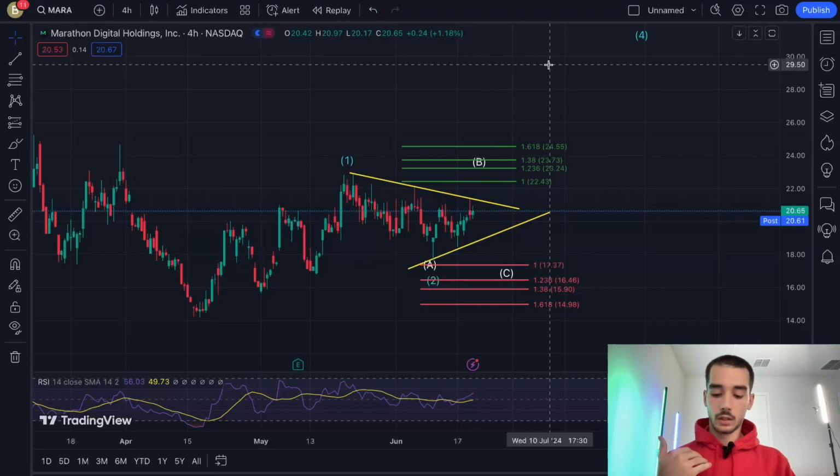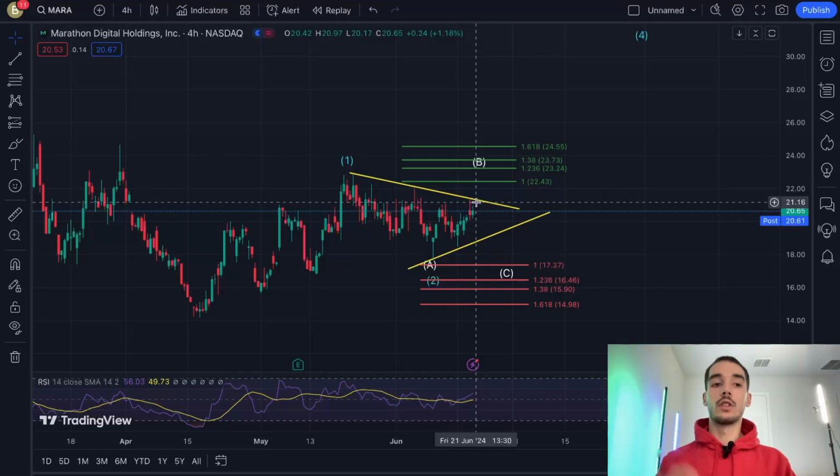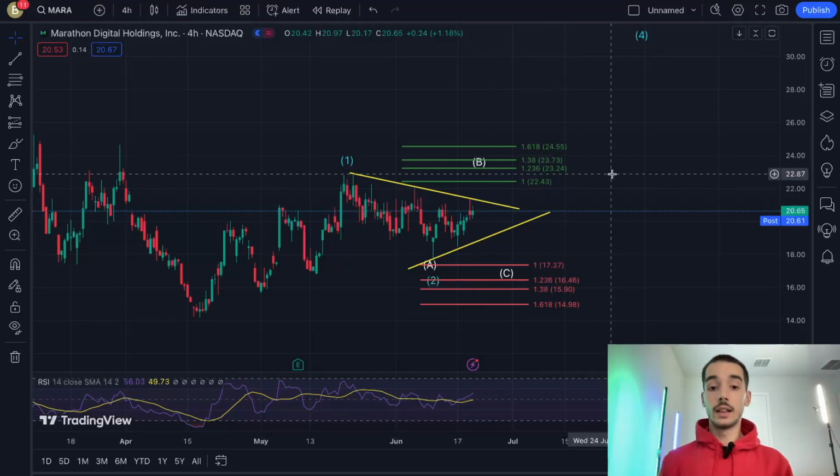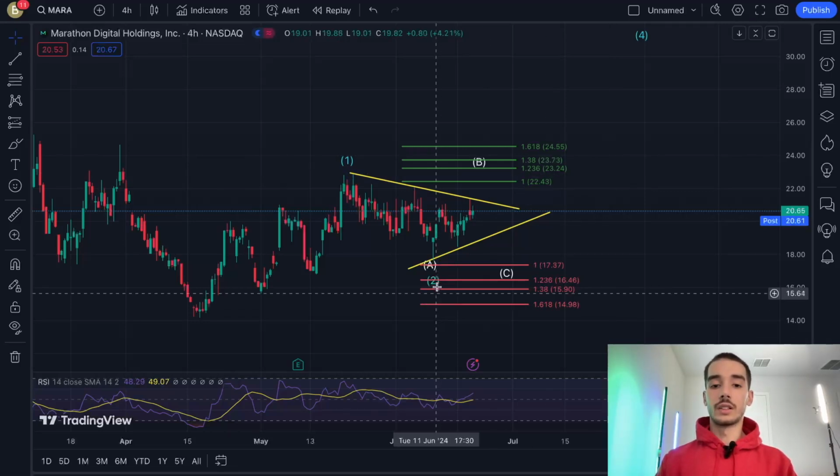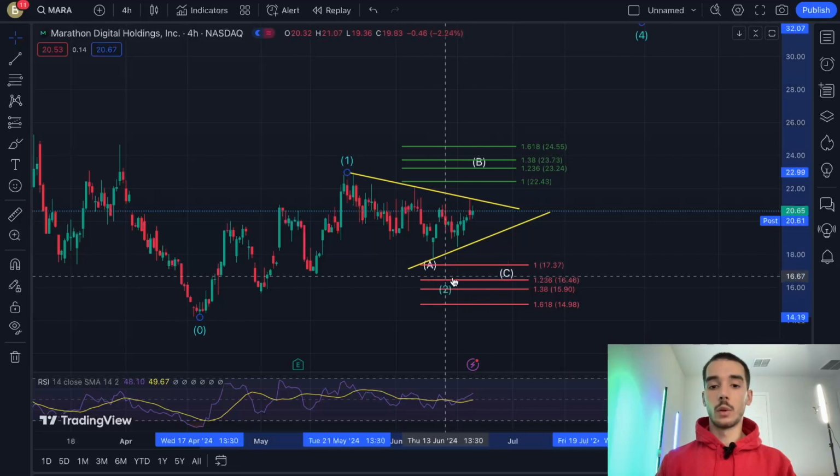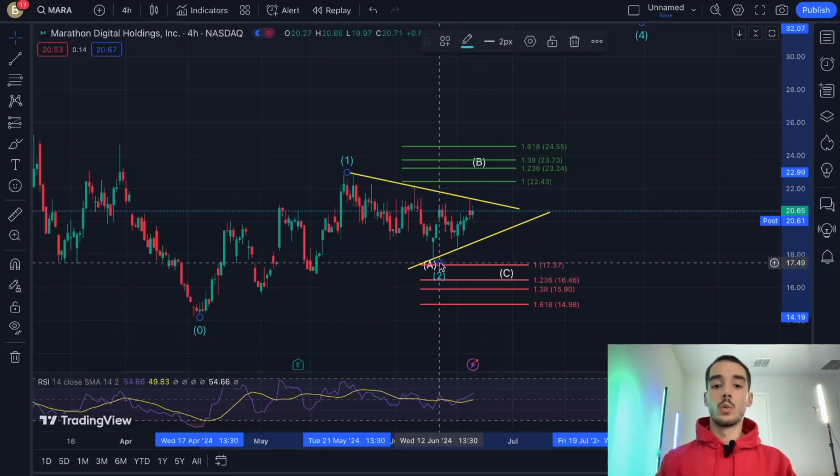That can make the third wave come out sooner rather than later. But like I said, I'm looking for these two scenarios ideally to form a more clear and organized wave structure for this overall second wave that we're currently working on.